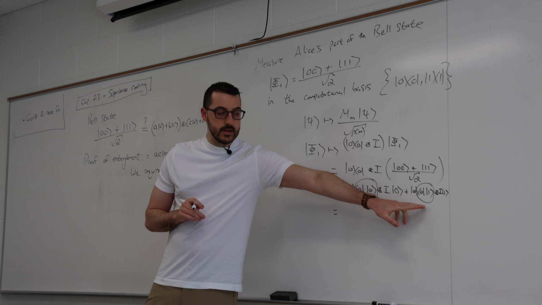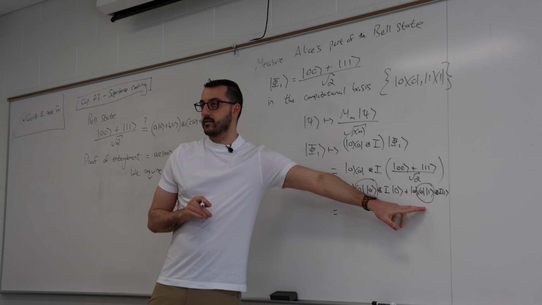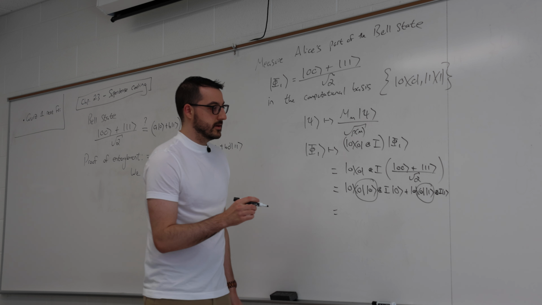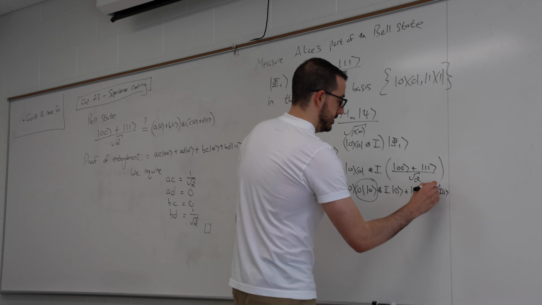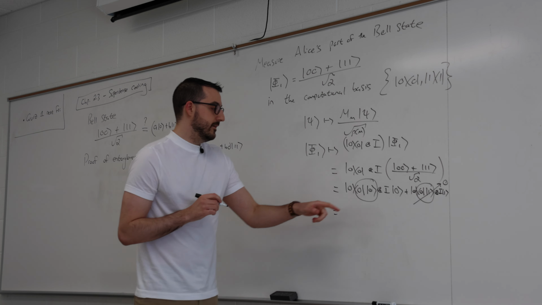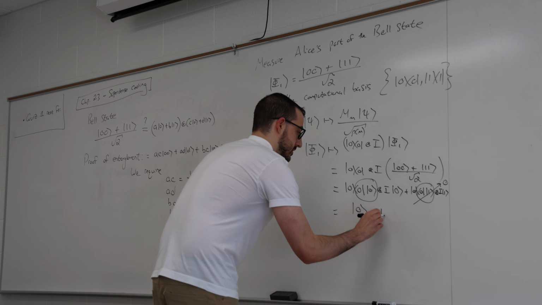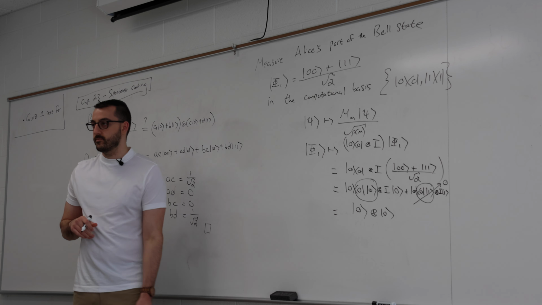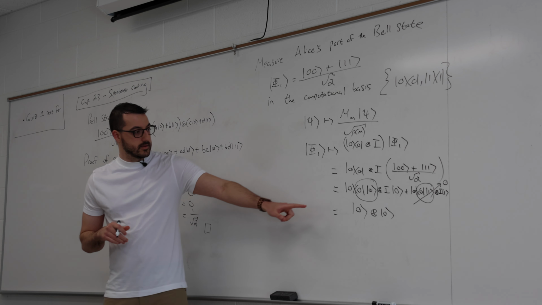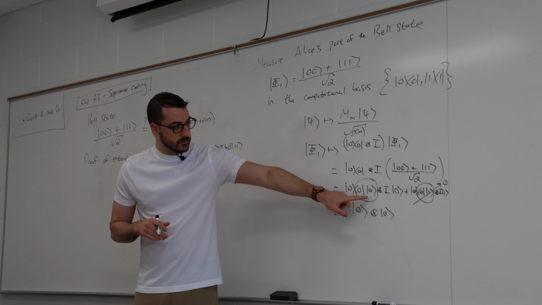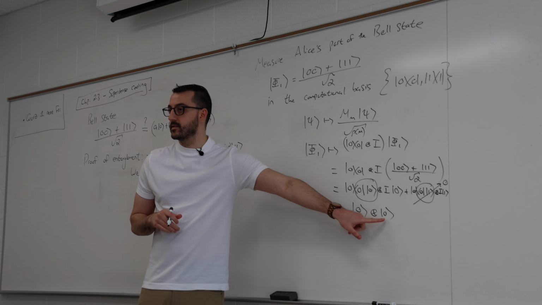And the second one is 0. These are orthogonal, 0 and 1. So this whole term goes away. And I'm left with 0 tensor 0. Does everyone agree? This was equal to 1. Identity acting on 0 doesn't do anything, so that 0 doesn't change.